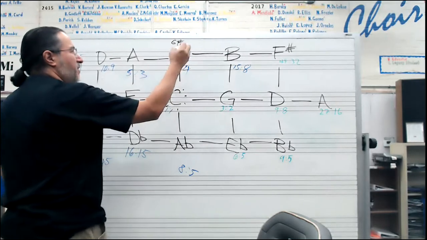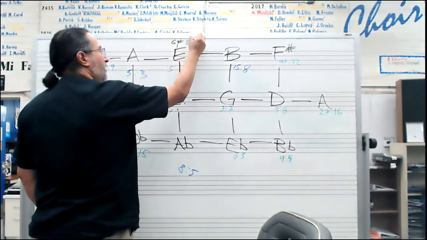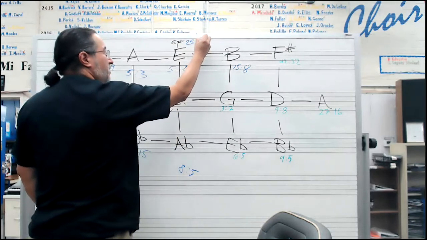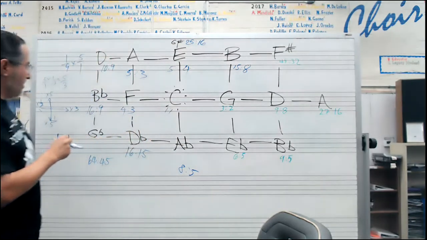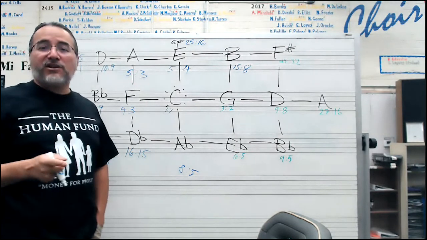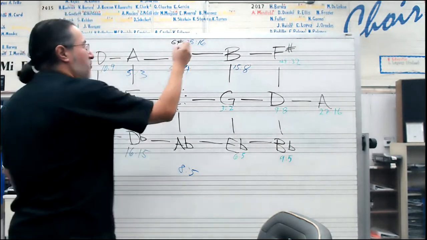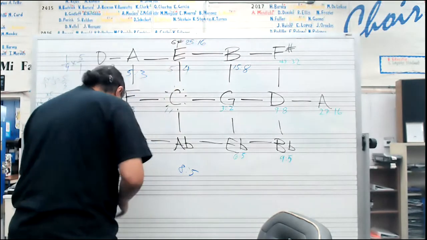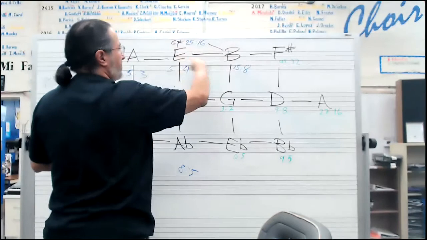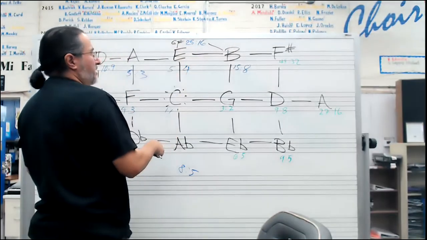Times 5 times 5. That's 25. And the bottom will be 16. 25 to 16. Make sure I did that right. So we got a 25 to 16 G sharp, which is up around here, which gives us, if I extended this lattice or had more board, you would see that there's this major triad here, right?